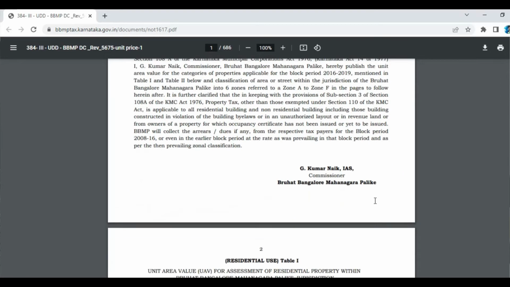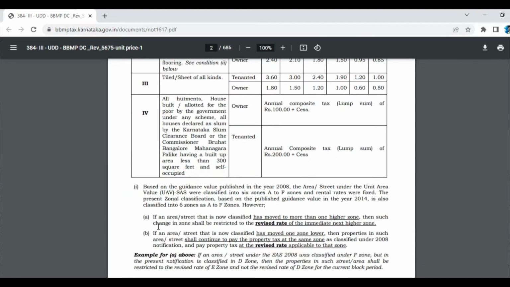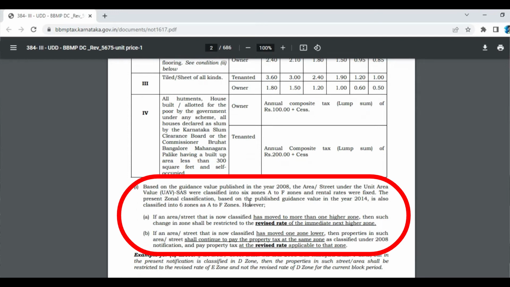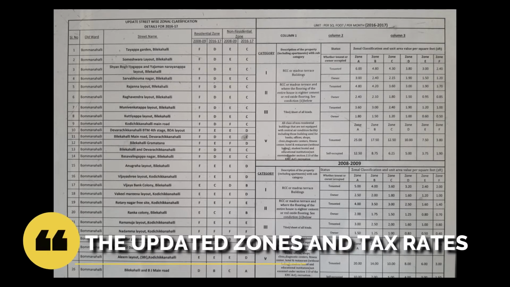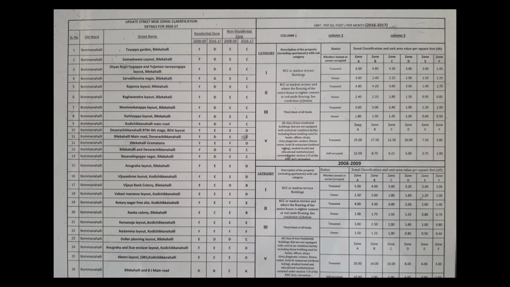So a property which was in zone D could, after 2016-2017, now be in zone B. But the person who was paying the tax, like you and me, did not know about this, or maybe were not informed about this by BBMP, and they continued paying tax depending upon whatever the zone classification was in the very first year. This continued, so people are still paying the same amount of tax every year without really understanding or realizing that the zone classification changed in 2016, and therefore the tax payment should also have changed, but that did not happen.